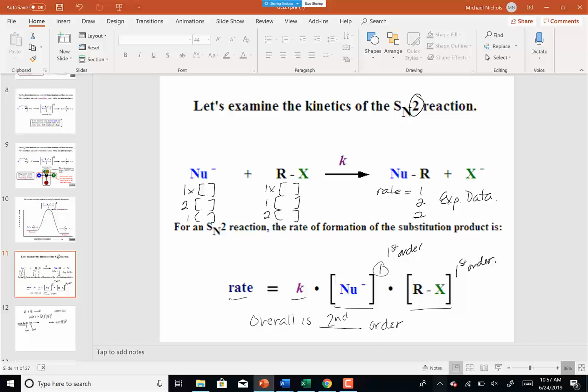Well, if we're doing mechanisms, we assume that chemistry really doesn't want to go through the most complicated mechanism. It wants to go through the simplest one. Why? Because the more complicated it is, the more energy it takes, and chemistry is all about minimum energy.